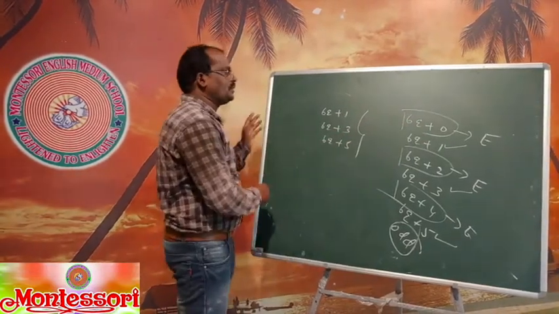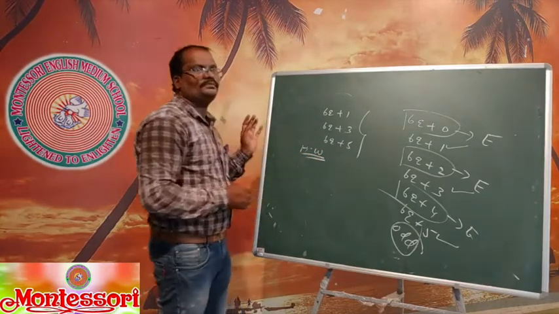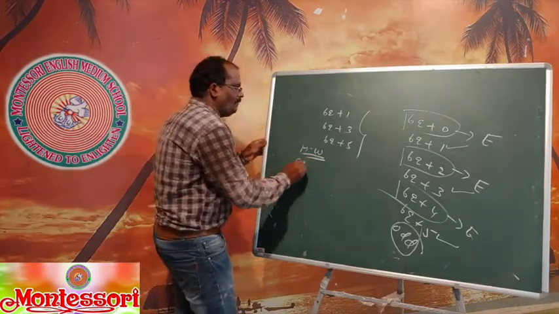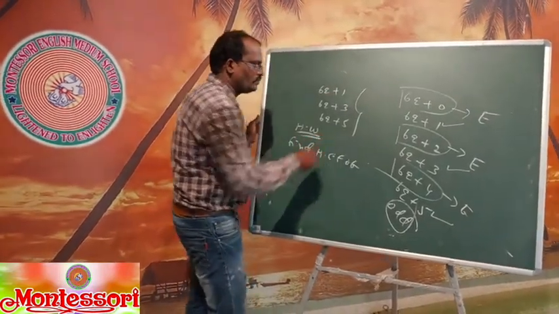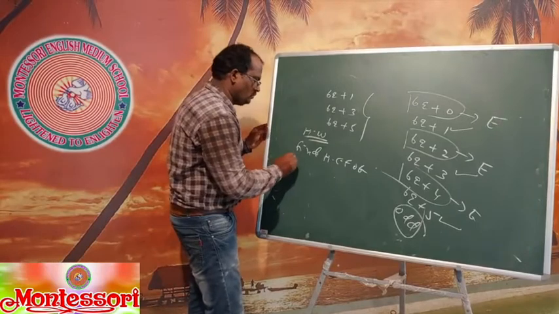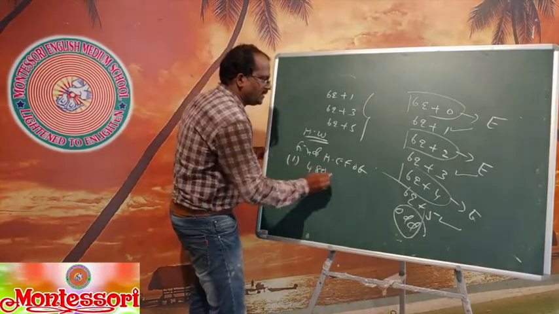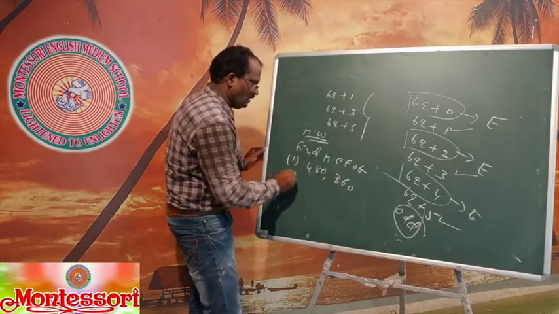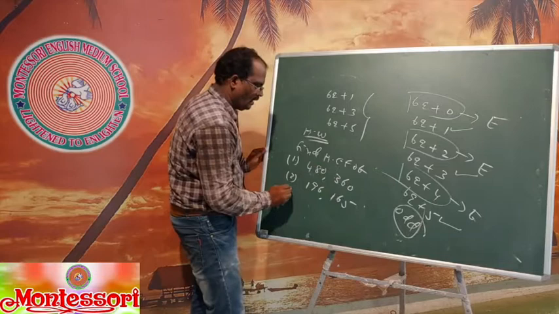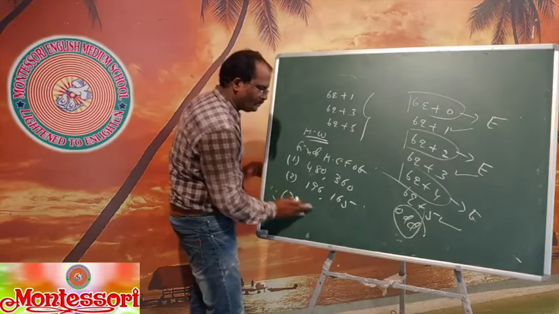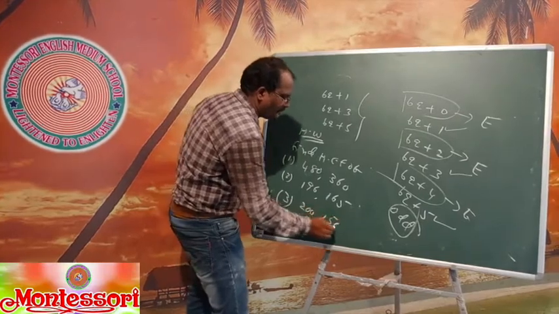Now I am going to give some questions for your homework. Find the HCF of the given numbers: 480 and 360, 196 and 165, and the third question, 200 and 150.